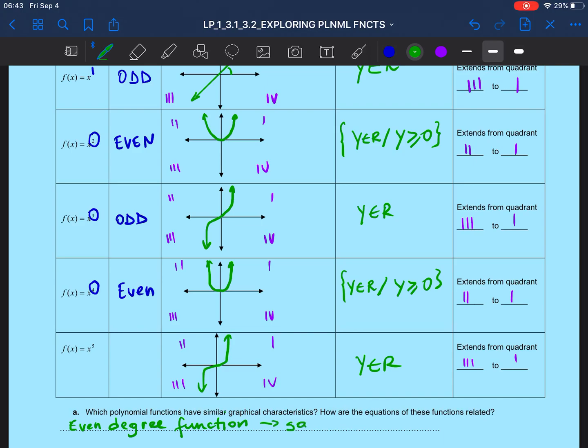So they have the same end behaviors, and they have limitations in their range.